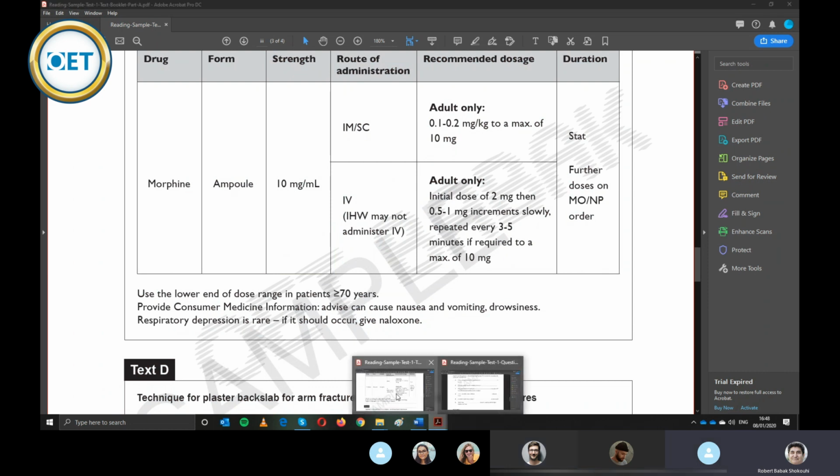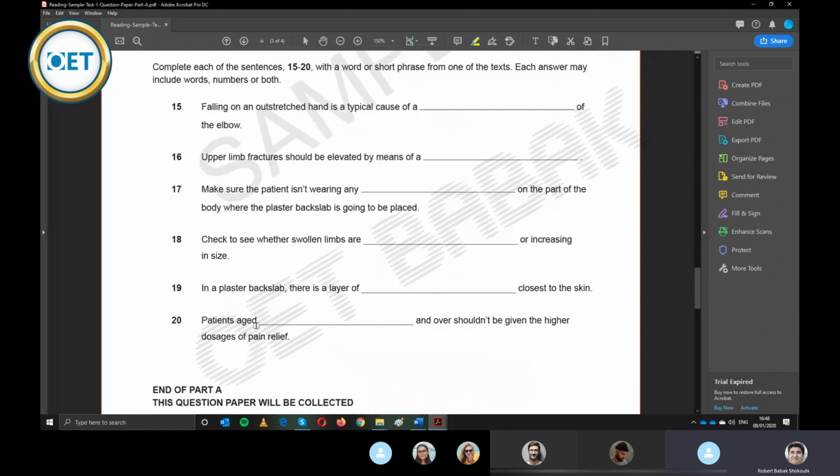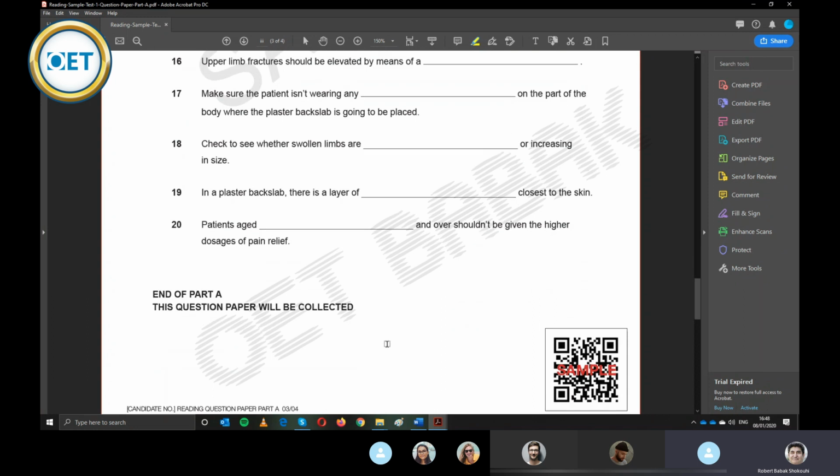The answer is patients aged 70 and over shouldn't be given the higher dosage of pain relief. You can write the word or the number. Some people ask how about numbers. It says here it can include words, numbers, or both. So if you write 70 in number, that is correct.